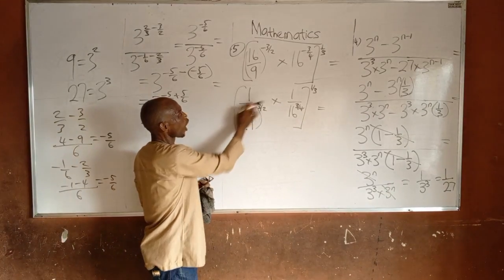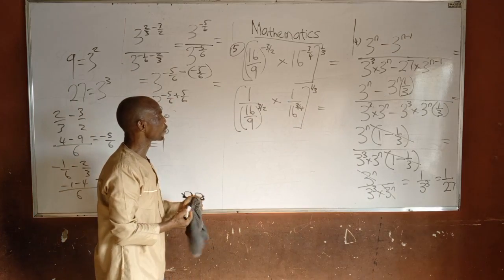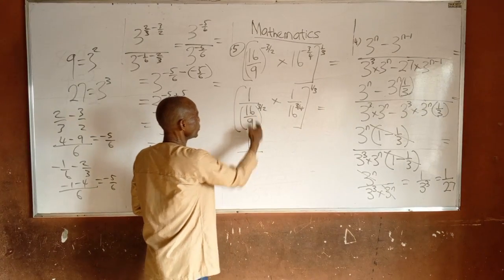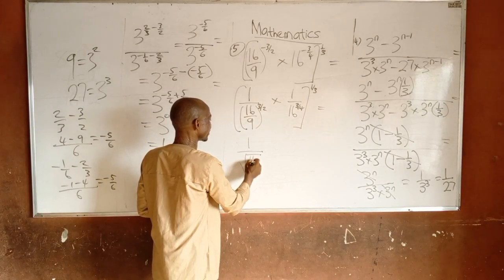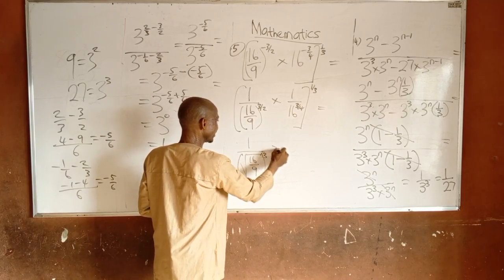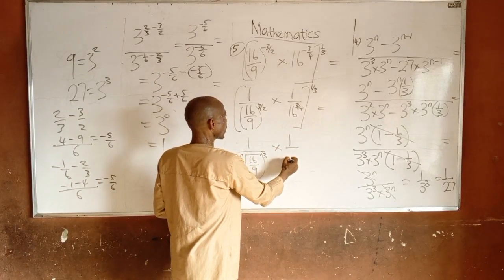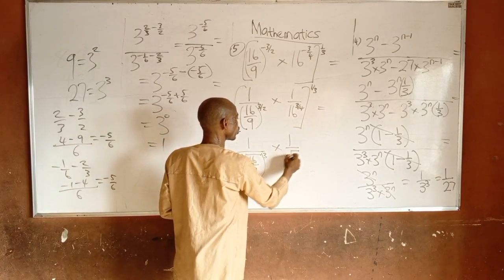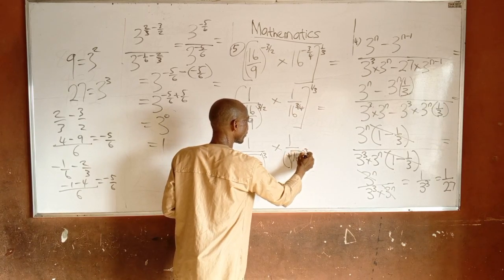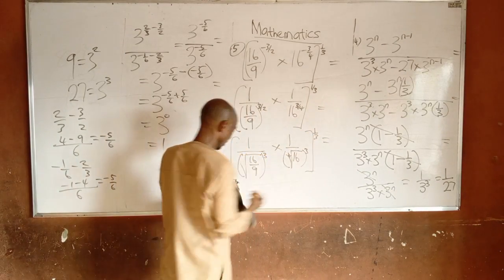Now, 1 all over 16 over 9 can be written as 1 all over the square root of 16 over 9 raised to the power of 3. This will give us 1 all over, and we have the 4th root of 16, raised to power 3, then all in raised to power 1 all over 3.